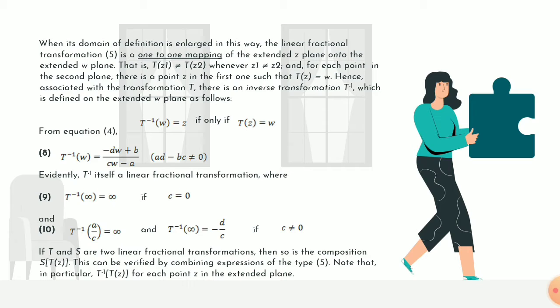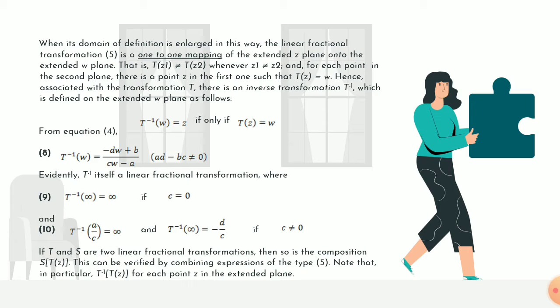Evidently, the inverse transformation is itself a linear fractional transformation, where T^-1(infinity) = infinity if c equals 0, and T^-1(a/c) = infinity, and T^-1(infinity) = -d/c if c is not equal to 0.